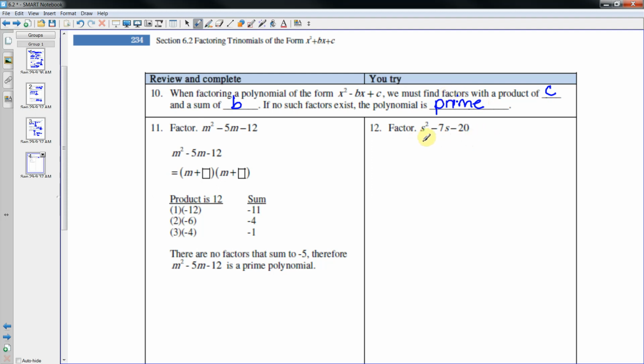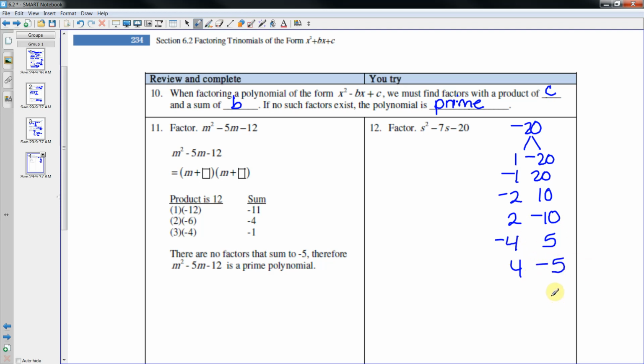So here I'm looking at s squared minus 7s minus 20. There is not a GCF, there are 3 terms, and I have a 1s squared, so I'm looking for factors of negative 20. So 1 times negative 20, negative 1 times 20. I'm looking for a negative 7. 2 times 10, one of those has to be negative. 2 times negative 10 doesn't give me a 7 or negative 7. 4 times 5, something has to be negative.